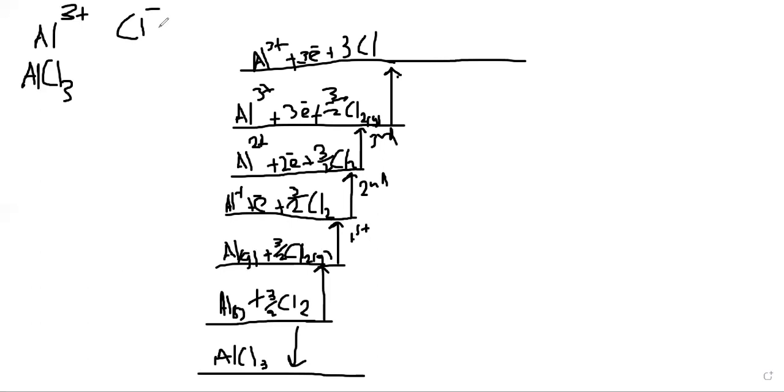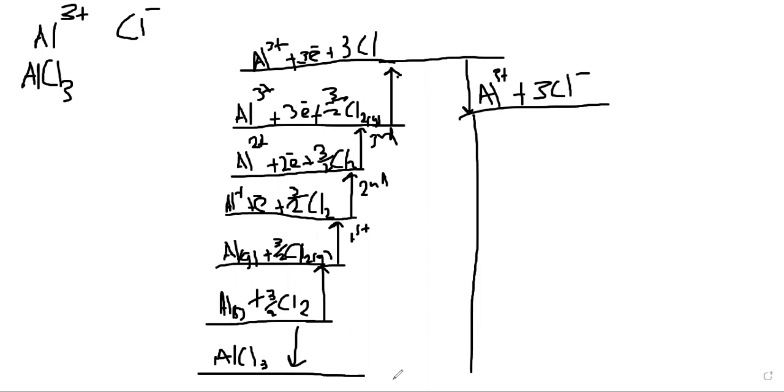Now, as you can see, the chloride ion has a negative charge, so that means each of our chlorine atoms will be gaining 1 electron. So it will be Al3 plus 3 Cl minus, and from there draw the line, come down, and that's it for aluminum chloride.